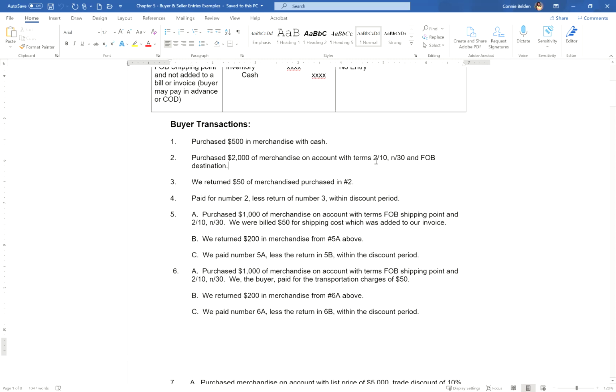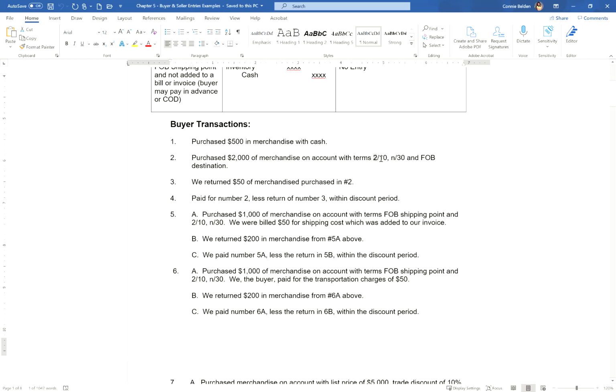That means you would get a 1% discount if you paid it within 15 days of the invoice date. So the first number represents the percentage of discount. The second number represents how many days within the invoice date it has to be paid to get that discount. Otherwise, it's n/30, or the net amount is due within 30 days.